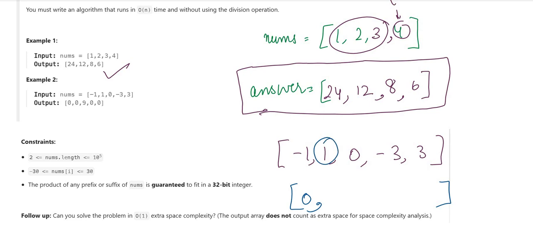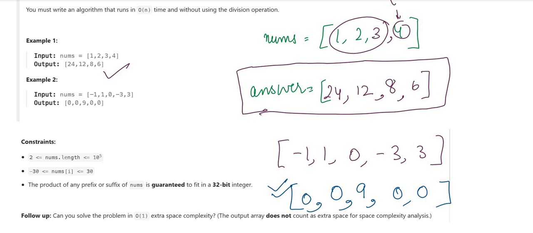Then if I am not taking this, the others I am multiplying, it is going to be 0. If I am not taking 0, then -1 into 1 is -1, -1 into -3 is 3, 3 into 3 is 9. For all others it will be 0 only. So this way I have to do. Except for nums[i], I have to multiply all other values.